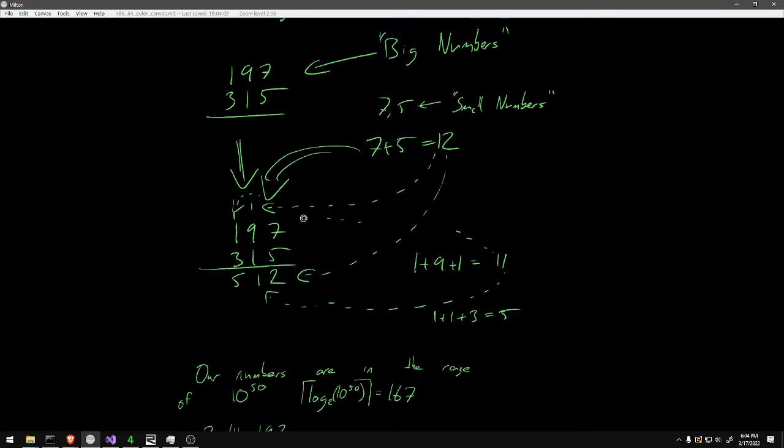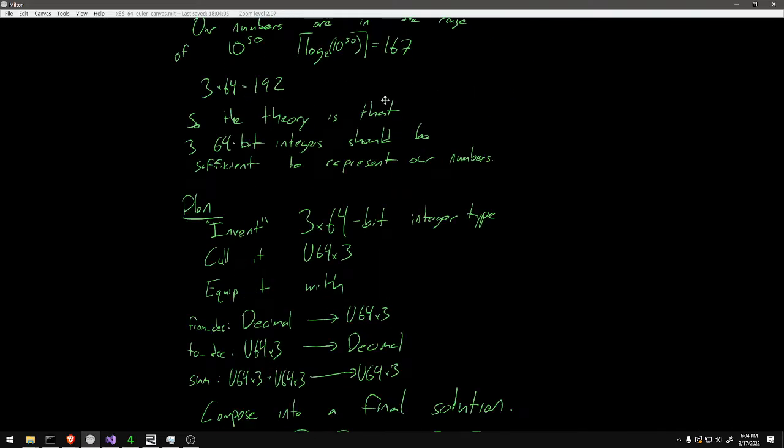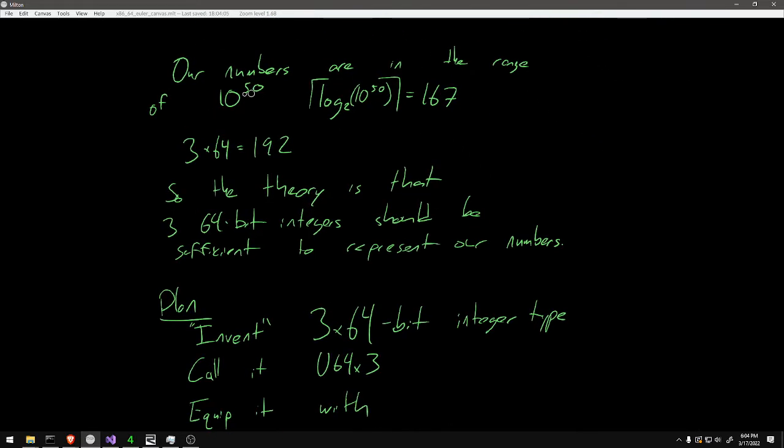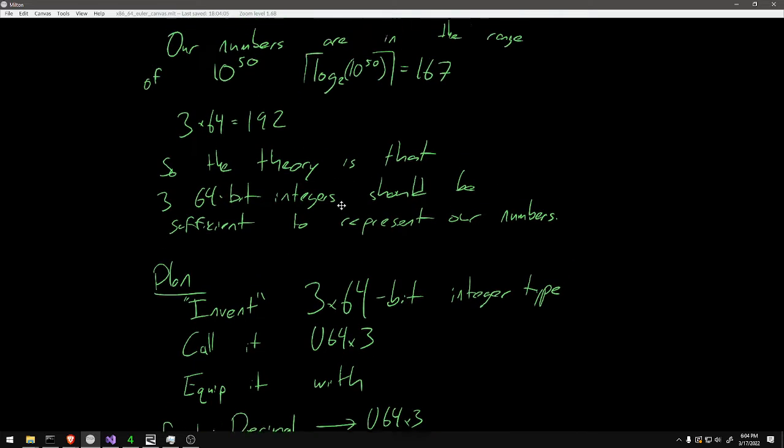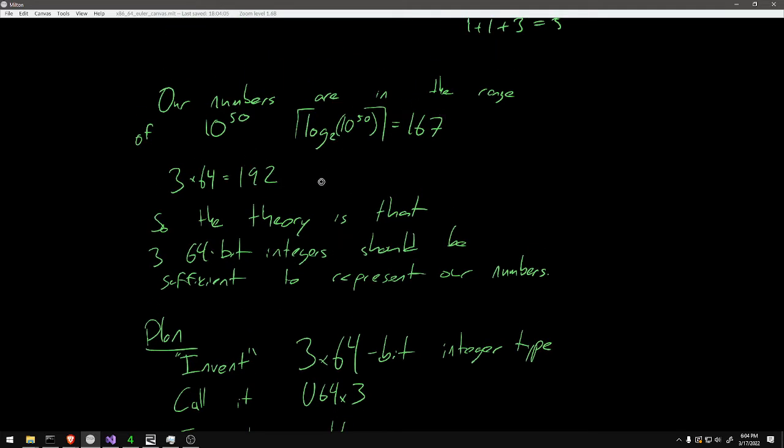So that algorithm is a mechanical way that will give us a sum for a so-called big number given any two big numbers, as long as we already know how to add small numbers. So we took that and we interpreted it as we could represent big numbers in the range of 10 to the 50, 10 to the 52, 10 to the 53, whatever, using three 64-bit integers, because that gave us 192 bits, and we would only need 167 to get to 10 to the 50.